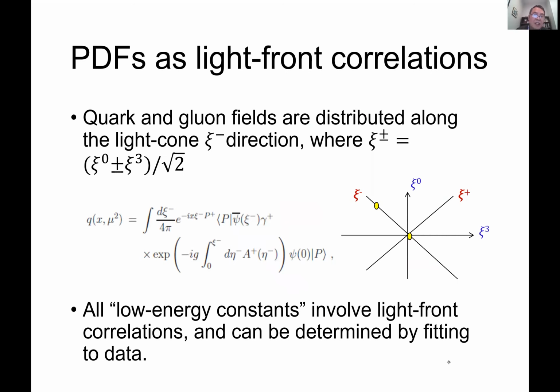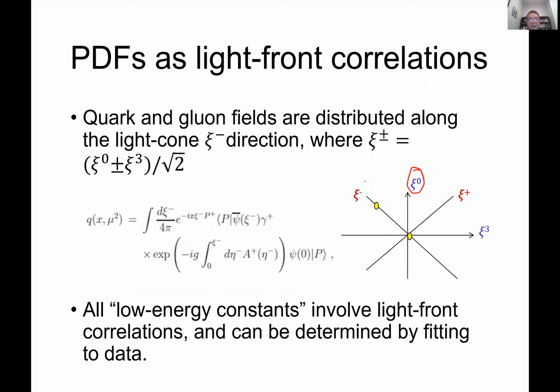Now, let's take the Parton distribution as an example. Those low energy constants are actually light-front correlation functions. What I've drawn here is a space-time coordinate, where horizontal is the direction in which the hadron is moving in the z direction, and the vertical is time. You can define x plus and x minus as combinations of space and time; these are in fact light cone directions.